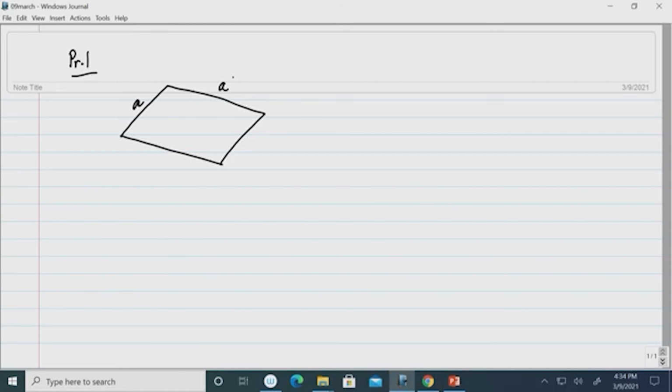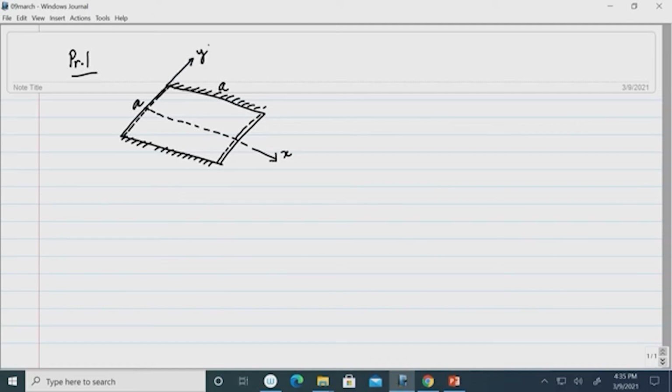For simplicity, we have taken two sides equal, and two opposite edges are simply supported, but the other two opposite edges are clamped. So, again this problem is a symmetric problem. So, I can now take the x axis here, x axis, and y axis, say this.